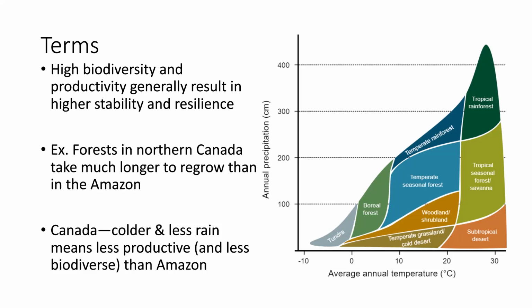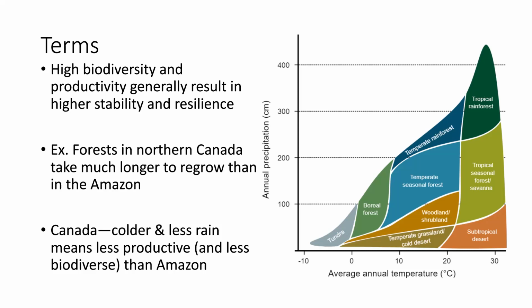So when the Amazon rainforest is cut down, part of it's removed for whatever reason, it's still going to take a long time. And like I said, it's still going to be something we want to try to avoid if we can. But in that environment, it's going to be more productive. So it's going to be better able to reestablish itself and return from that deforestation.